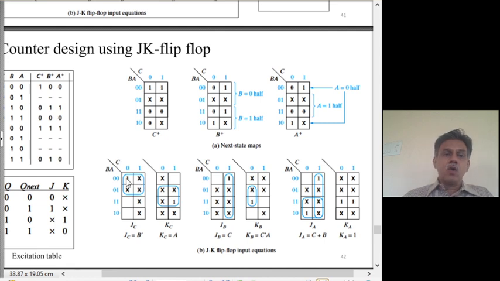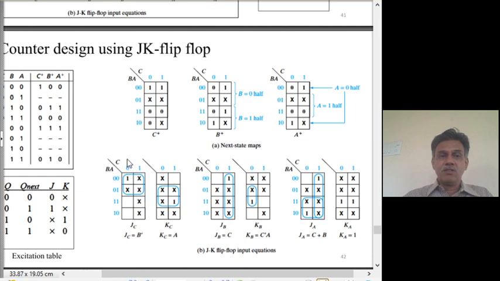Okay. So when we try to cover these ones in this sub K map, it is always possible to enlarge the coverage by covering the corresponding X's in this part of the sub K map. And if you do so, this variable C will vanish, will get eliminated, because we will try to cover 1 or X in this place, but the corresponding squares in the K is equal to 1 will have X's.